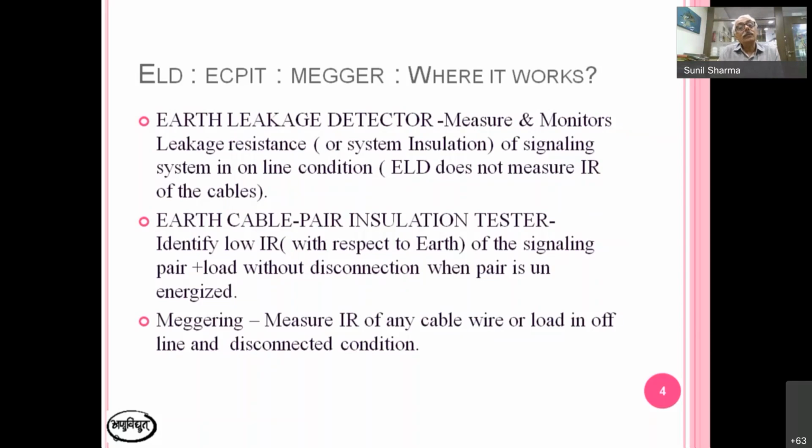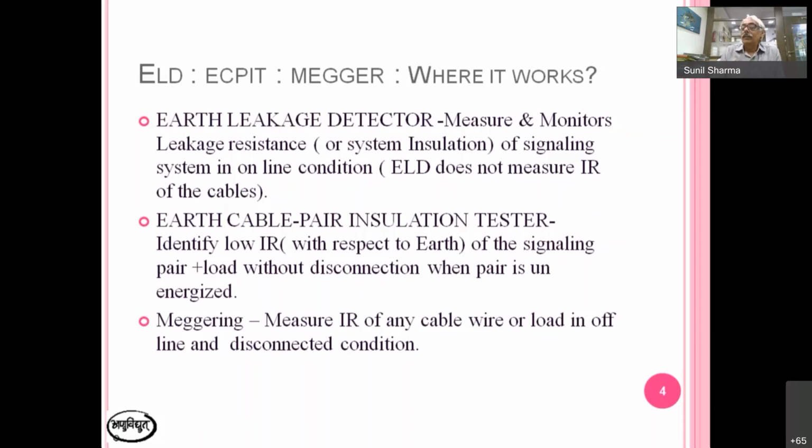And what is the earth cable pair insulation tester? As its name shows, it is an insulation tester, but it works only with reference to earth and in the cable pair only. It identifies low IR with respect to earth in the signaling pair plus load without disconnection when the pair is unenergized.